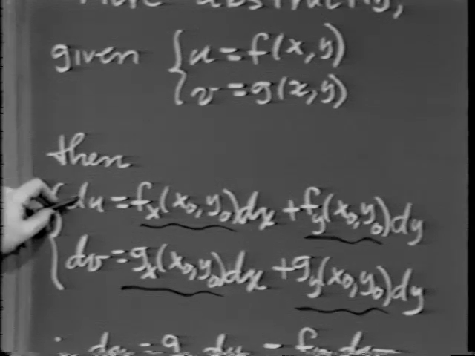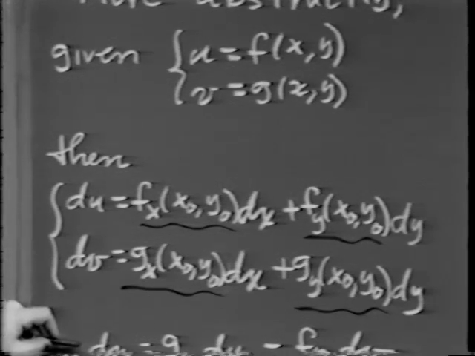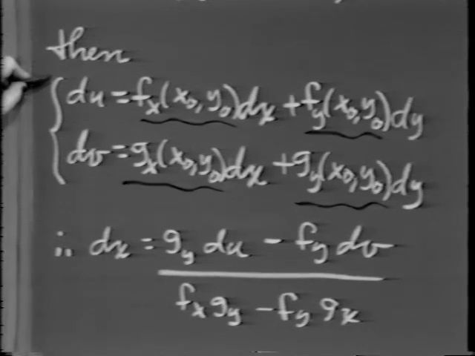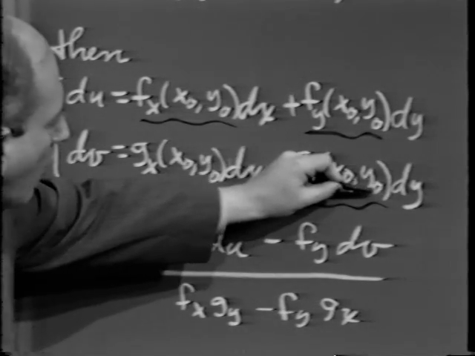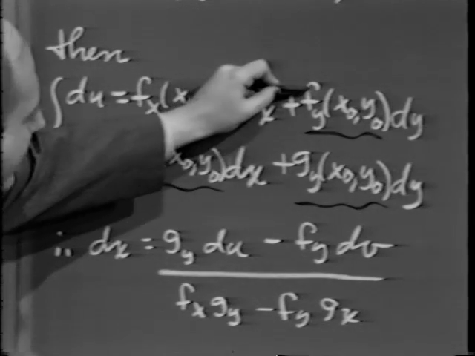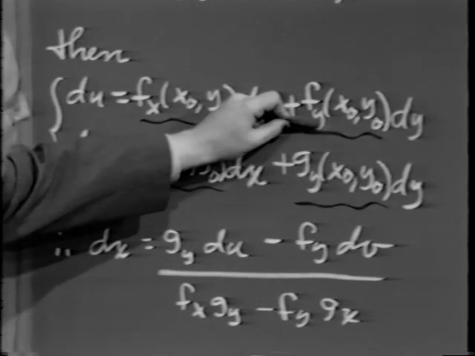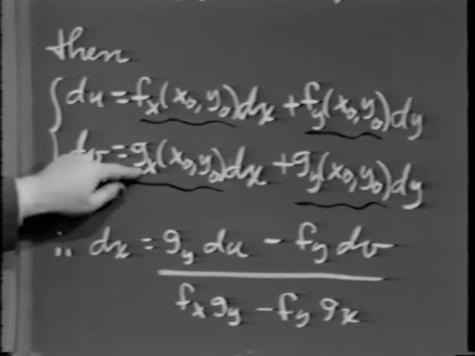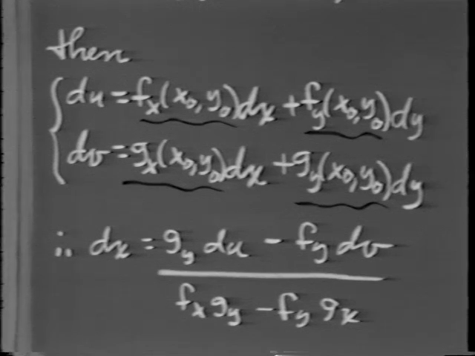And to review this more explicitly so you see the mechanics, all I'm saying is that to solve for dx, I can multiply the top equation by the partial of g with respect to y, evaluated at x0, y0. I can multiply the bottom equation by minus the partial of f with respect to y, evaluated at x0, y0. And then when I add these two equations, the dy term will drop out.